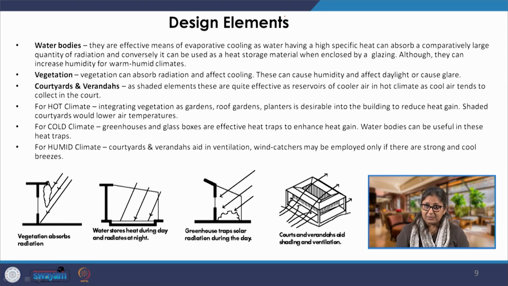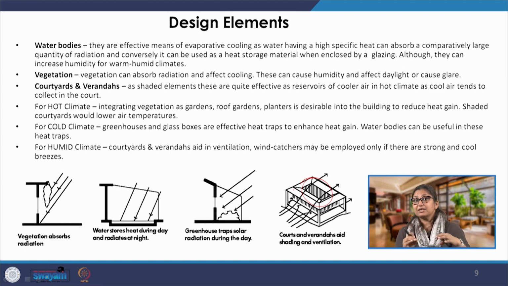Once we have selected the plan form, we check the design elements that are going to be used. For example, we may be using courtyards. In hot climates predominantly, we prefer to use courtyards. Courtyards aid in nighttime purging, night ventilation, and if you remember the last slide of the last lecture, we saw that if the temperatures are higher and if humidity is also in moderate range, then we need to facilitate night ventilation.